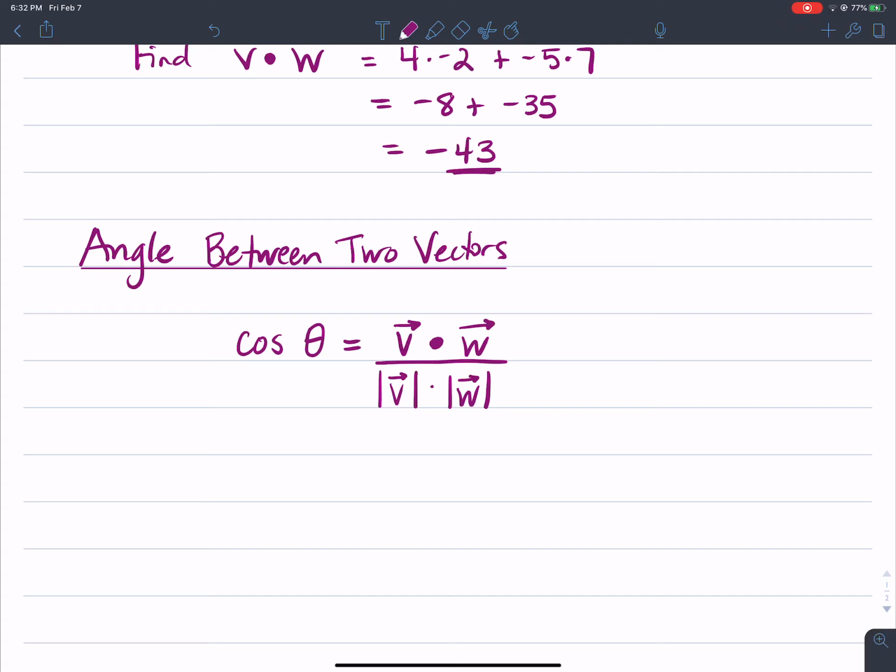Notice the gigantic dot on top, that's dot product. The small dot at the bottom, that is multiplication. So we are multiplying the magnitudes at the bottom, and doing the dot product at the top.